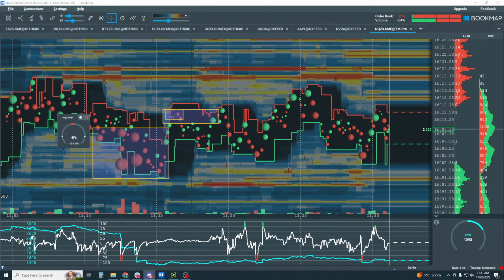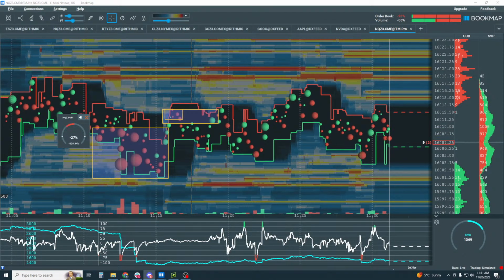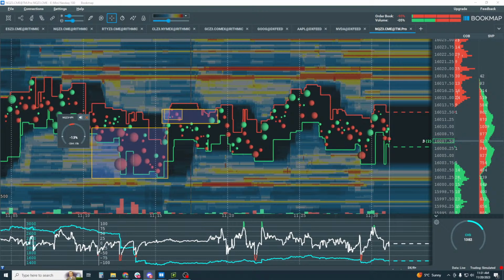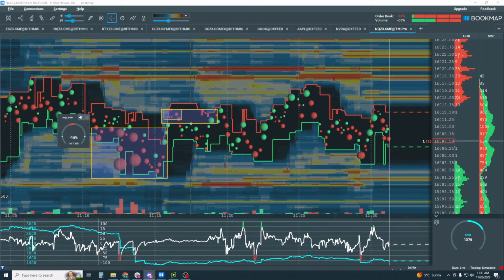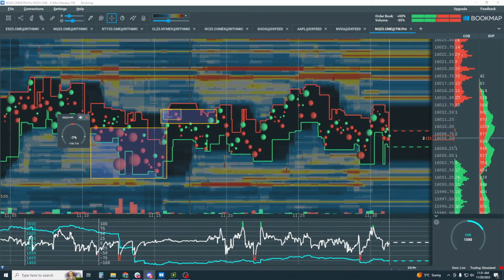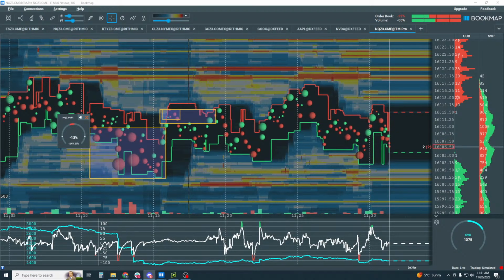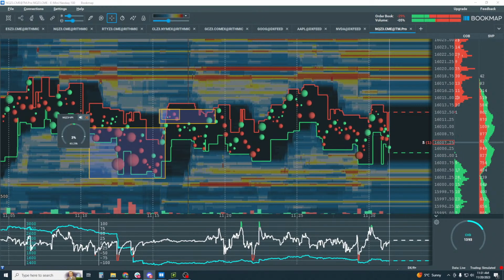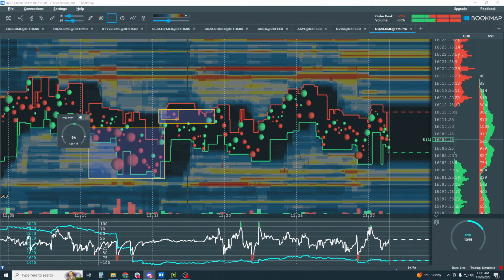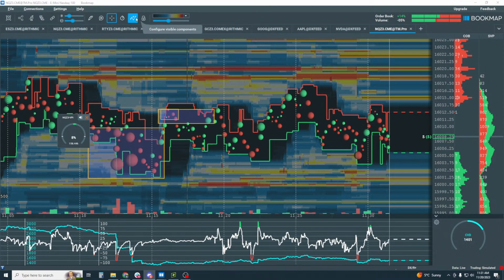And let's see here over in Discord. Yeah, D&T. I was just on a meeting earlier about turning off the best bid and offer in here.